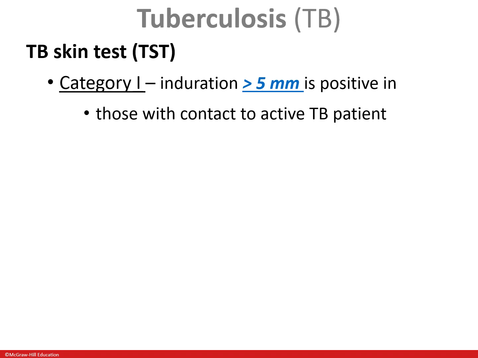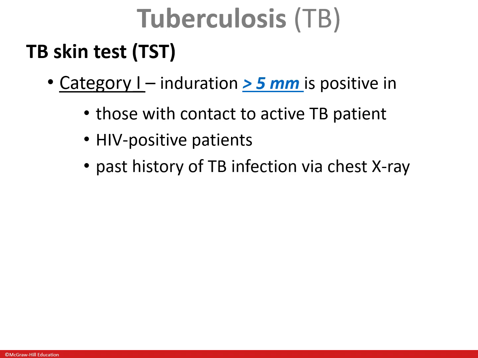In this case, you're talking about anybody who has contact with an active TB patient, anyone who's HIV positive, because your immune system is potentially limited, so you may only be able to have a very small response. If you have a history of a TB infection that's been confirmed with x-rays of the chest that detect those tubercles, then you would be considered positive with only a very small response.